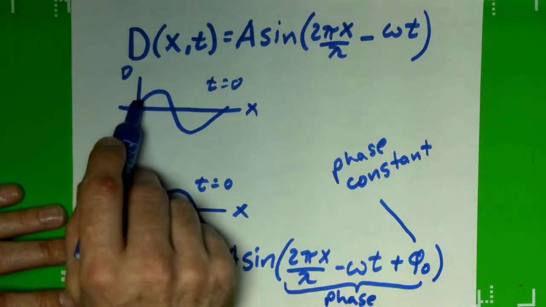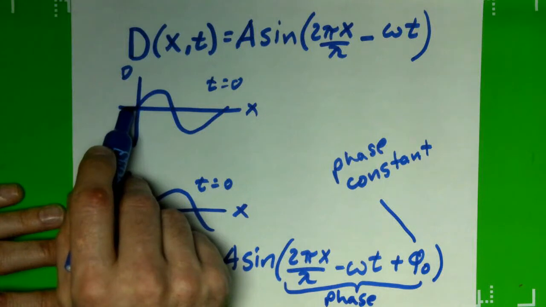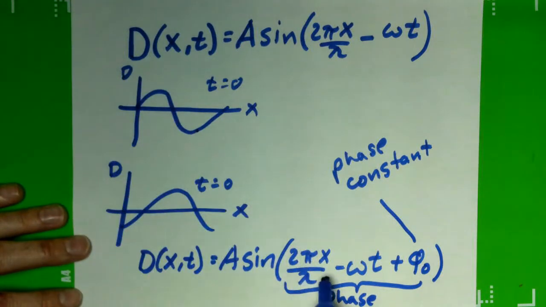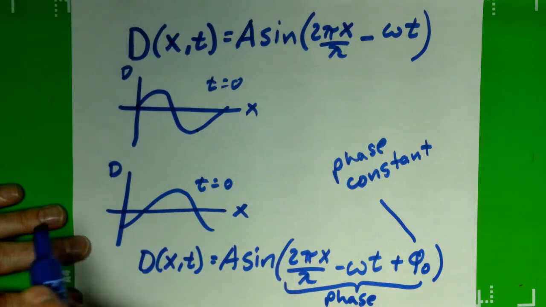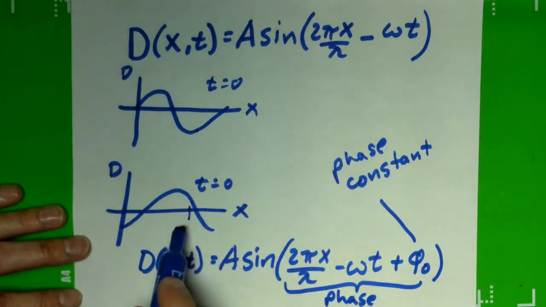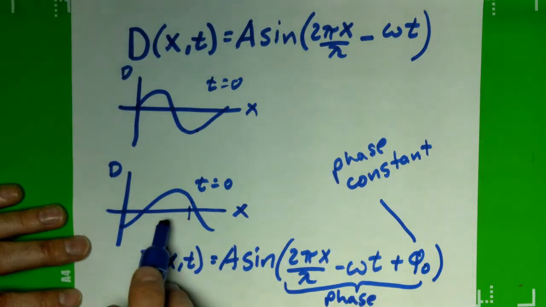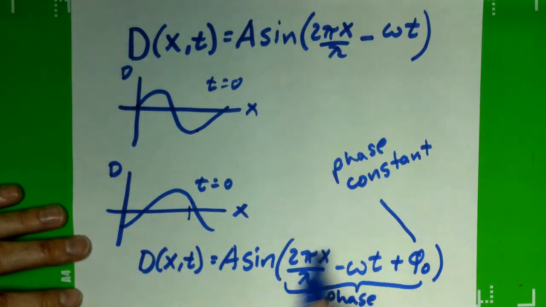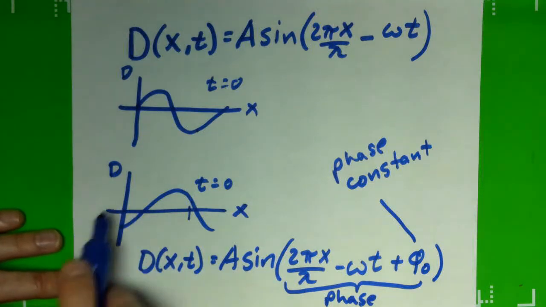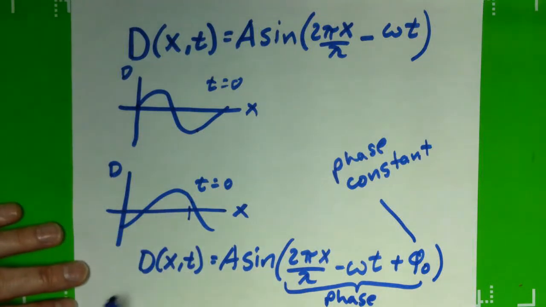If the phase constant were 0, the phase at t equals 0 would be determined by this part. At a later time, as the wave moves, the phase is determined not only by position but also by time. So the phase is everything inside: the total input you give to the sine to say where you are in position and time.